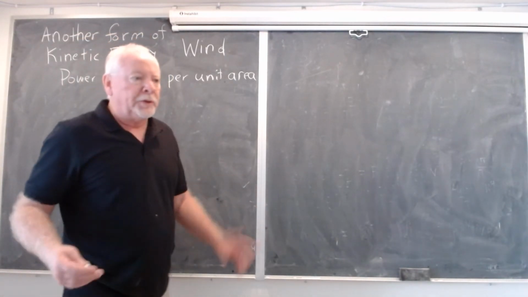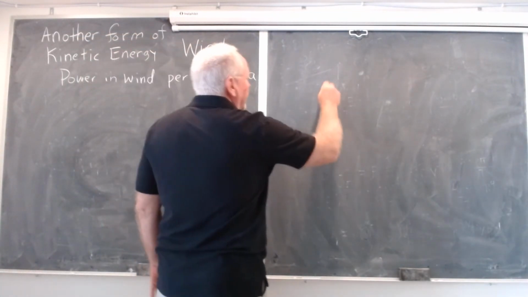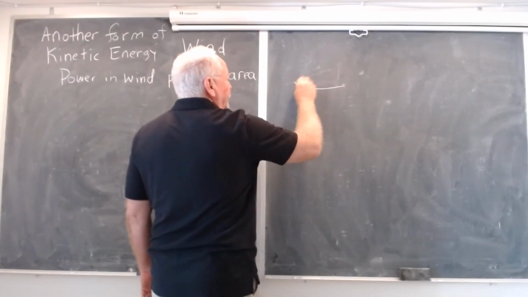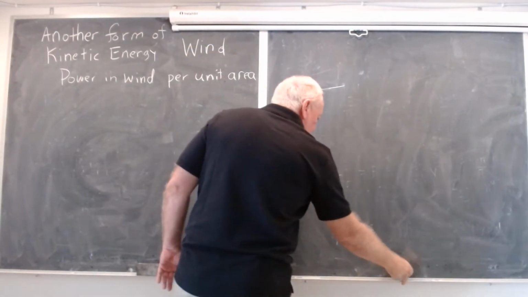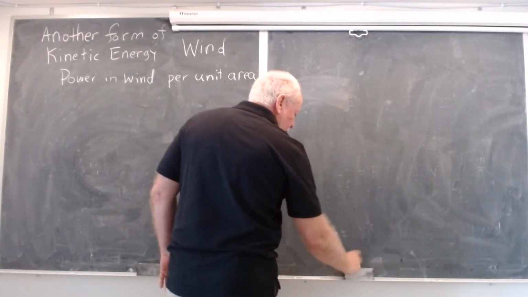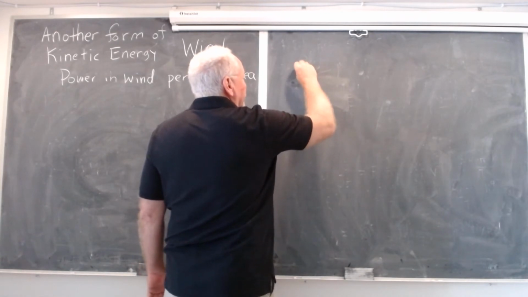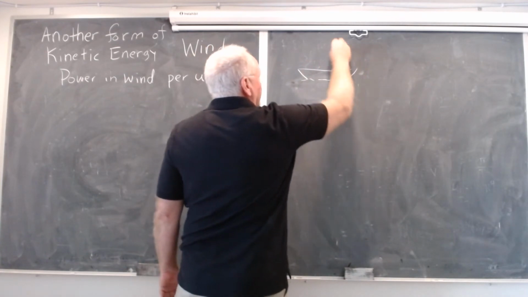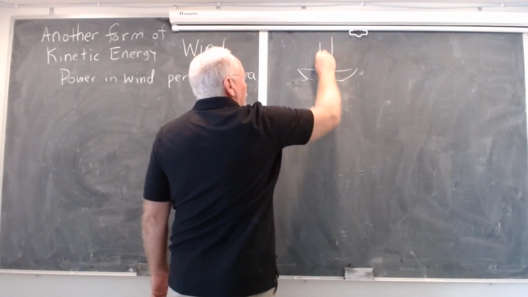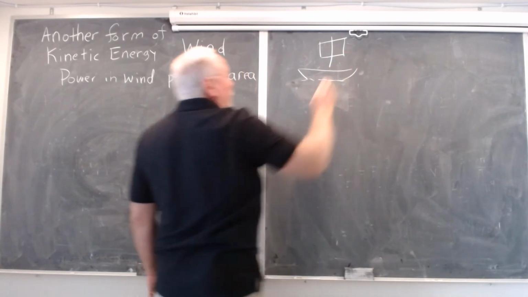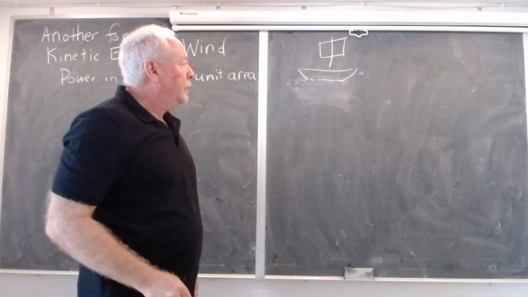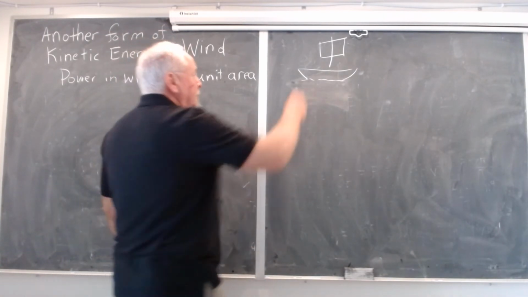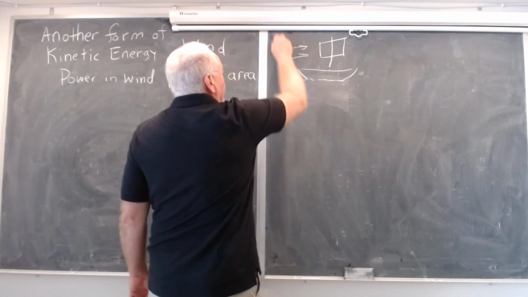Now, what area? Well, it depends on what we're doing. If we had, let me see if I can draw a boat, a sailboat that had some sail, and let's say, just for purposes of drawing pictures here, here's the wind.